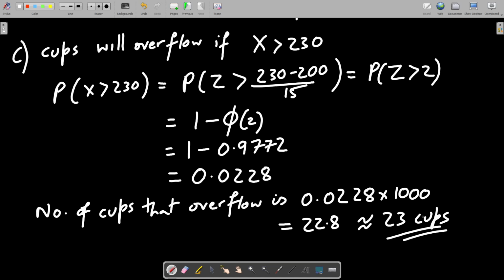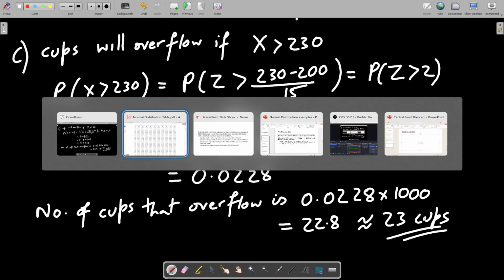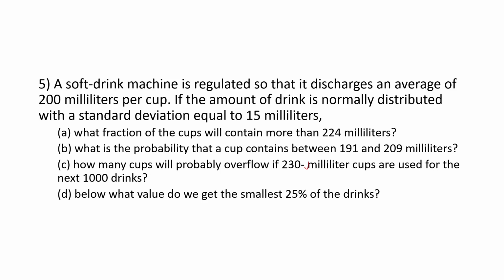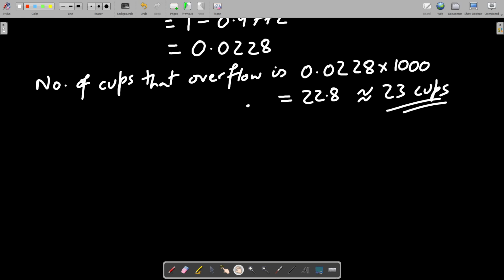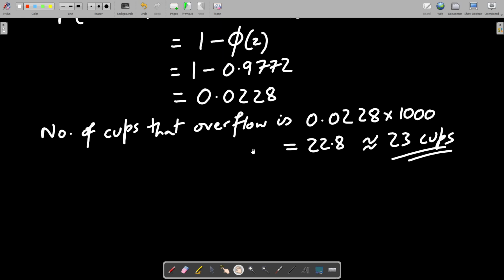So next, one more example is also there. Let's go a little fast here. Below what value do we get the smallest 25% of the drinks?